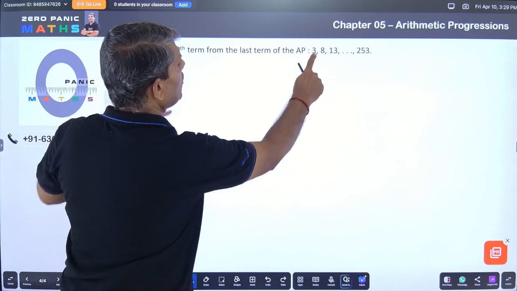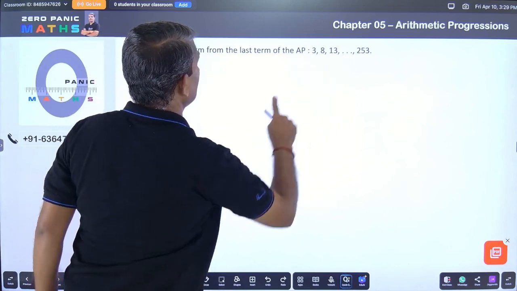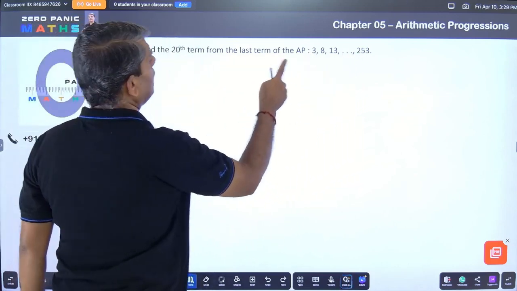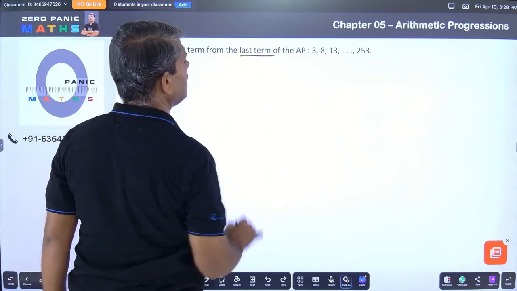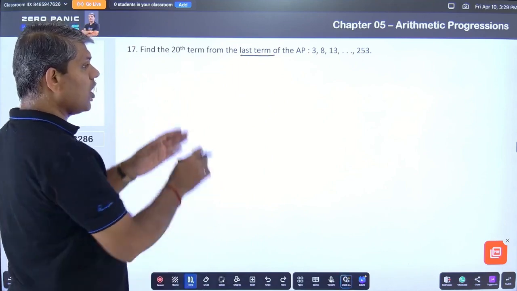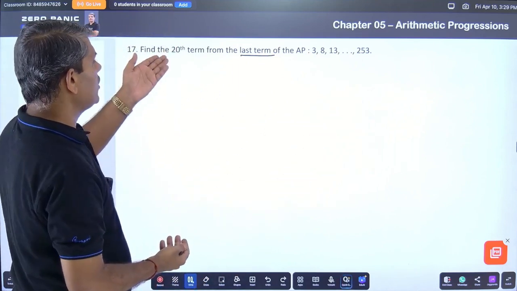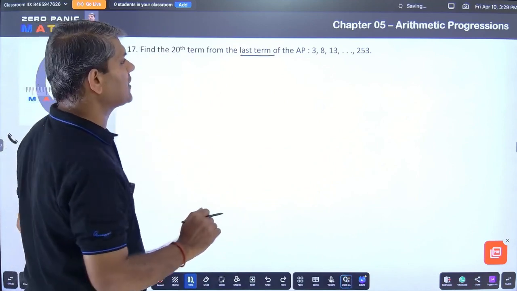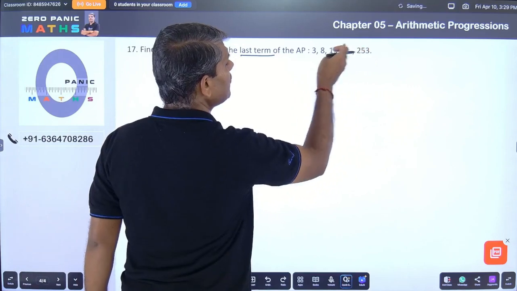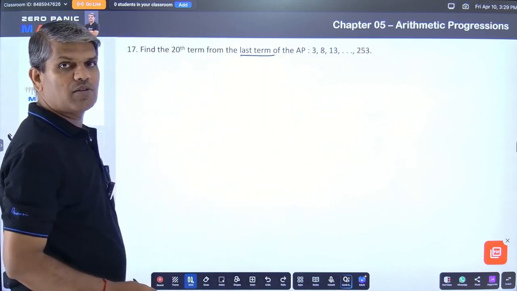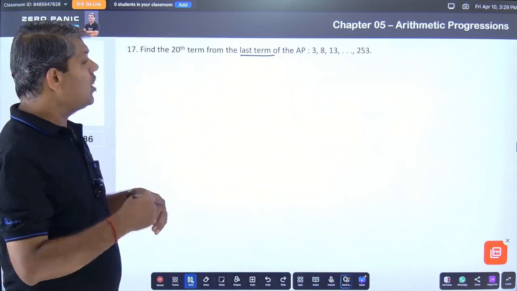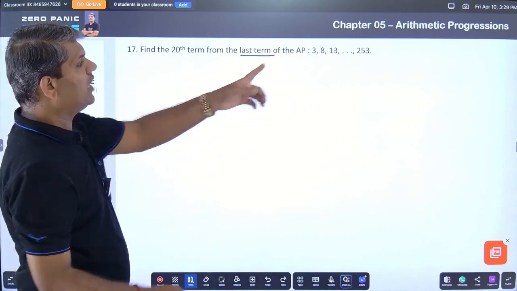The condition is from the last, not from the first. That is actually not A20 for us. To find the 20th term from the last, first of all we would need to know how many terms there are.